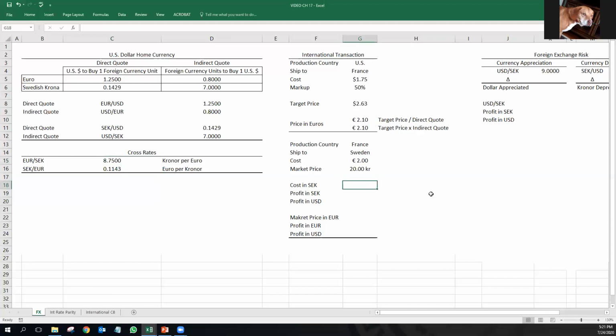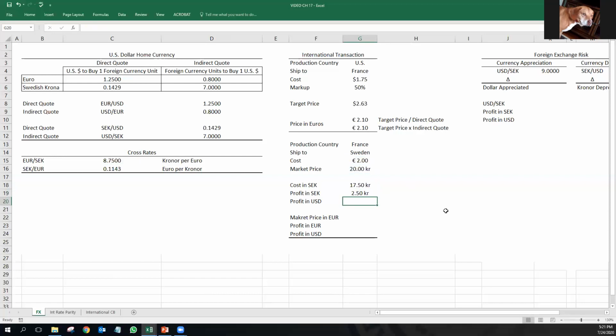So we take the €2 and you're going to multiply it by that, and that's the equivalent cost in kroner in Sweden. Now, what's the profit? Simple as, well, you sell it for 20 kroner and it costs you that much to produce and ship, you're down to that.